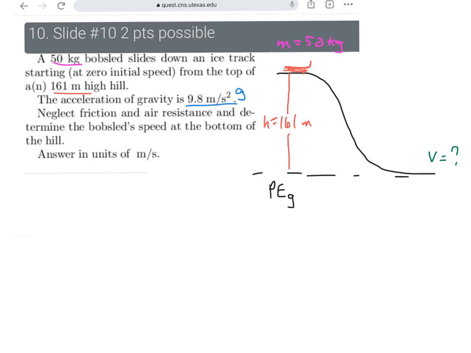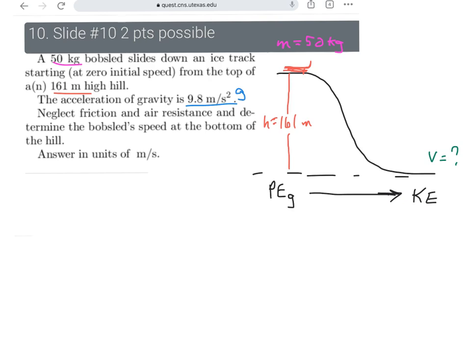So gravitational potential energy. As the sled is going down the hill, down the embankment, that potential energy is going to be converting into kinetic energy. And so whatever energy we start off with at the beginning will be equal to the energy that we have at the very end.